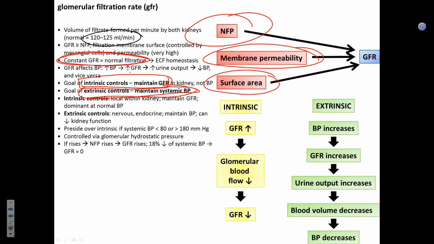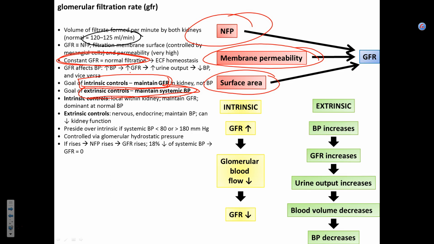Does that make sense? If blood pressure in the kidneys decreases, how does it affect net filtration pressure? Decreases. If net filtration pressure decreases, how does it affect glomerular filtration rate? Decreases. Make sense? So you see, GFR can change, can fluctuate. That's normal, because blood flow will fluctuate a little bit. We good?